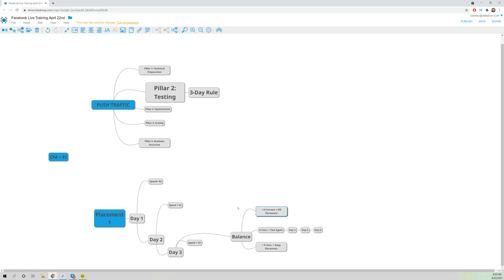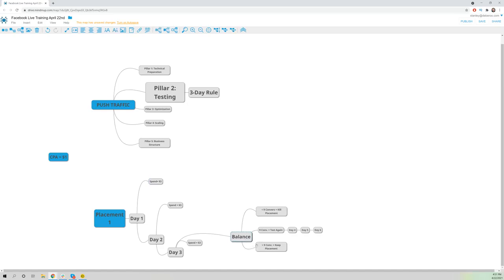So in the end, if this takes you 3 days or a week or 2 weeks, it doesn't matter, as long as you spend that $9 in total on that placement. And as soon as you hit that $9 or 9 times CPA in total, then you can make up the balance.